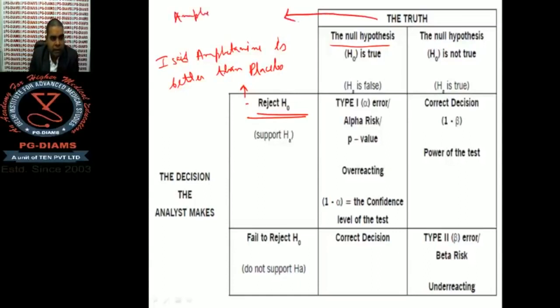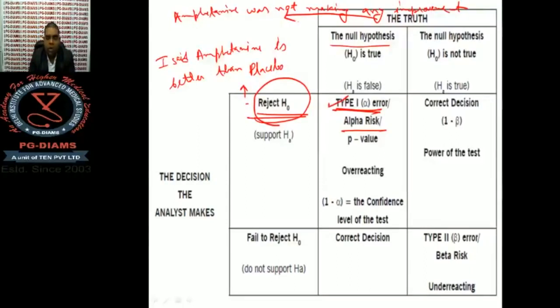The truth was amphetamine was not making any improvement, है ना? That was the truth. That means the truth was that both amphetamine and placebo were leading to similar results. That was the truth. But what I did, I rejected the null hypothesis. I acted as Chalu, and this led to type 1 error. And this type 1 error is almost equivalent to p-value.